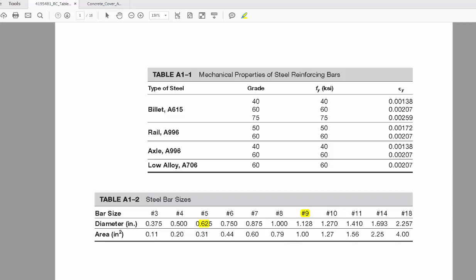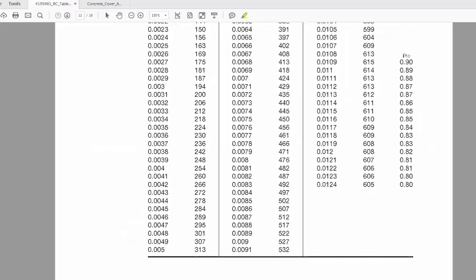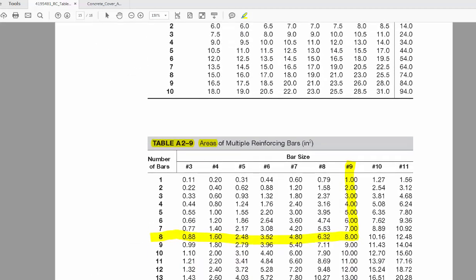So back to table 829. I'm using 8 bars number 9 here. Okay, this will give me 8.